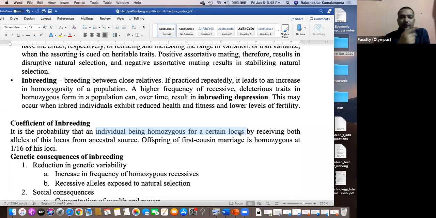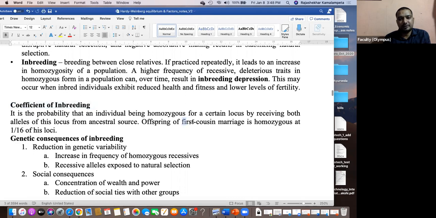So if you want to calculate the probability of a person being homozygous for that particular region, it is calculated using the coefficient of inbreeding. These numbers vary based on whether it is first cousin marriages or second cousin marriages. I don't know whether you need to know so much about the numbers here, but just be familiar. There are statistical or mathematical ways to calculate it.